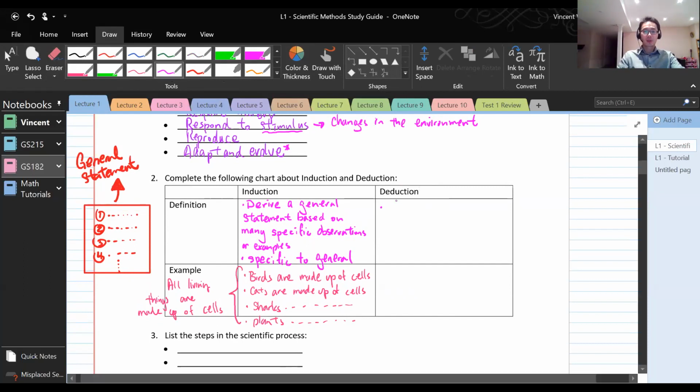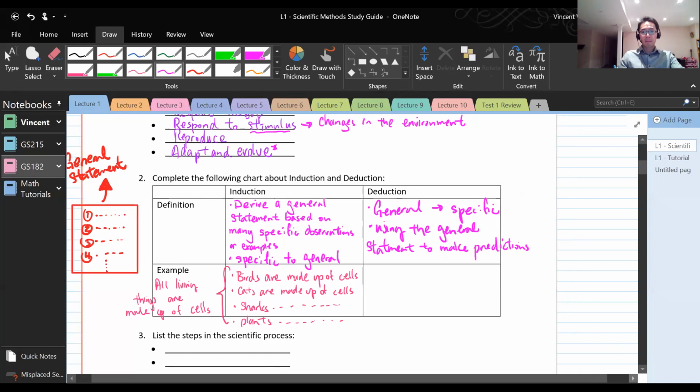So this goes from general to specific, using the general statement to make predictions.